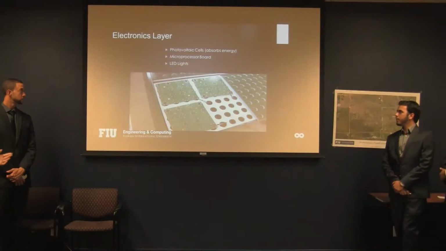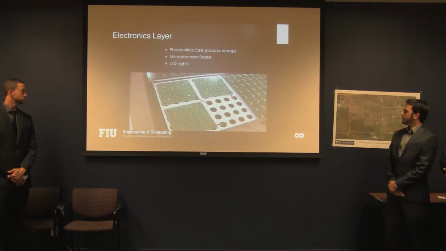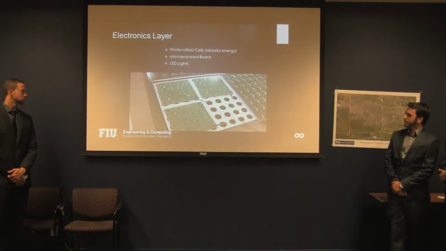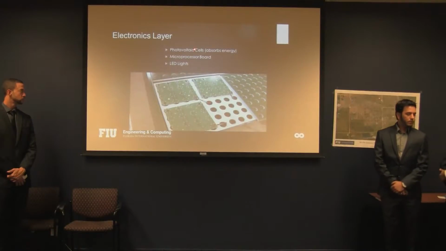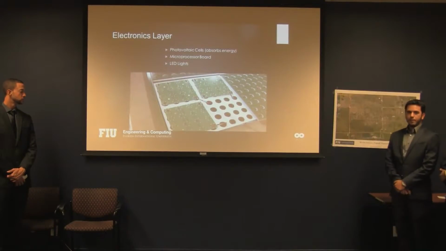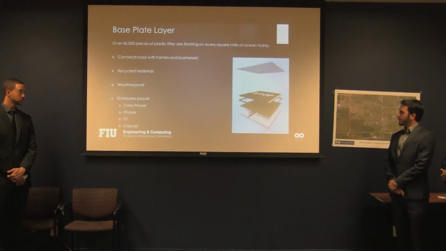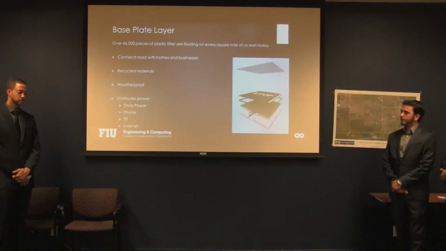So we have the middle layer, which is the electronics layer. They provide very important mini computers called the microprocessor board. They also provide the solar cells, which are actually called photovoltaic cells, and the LED lights. And then we finally have the base plate. The base plate is part of the green movement that we're living in right now.